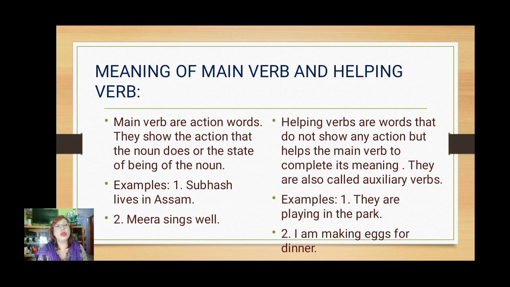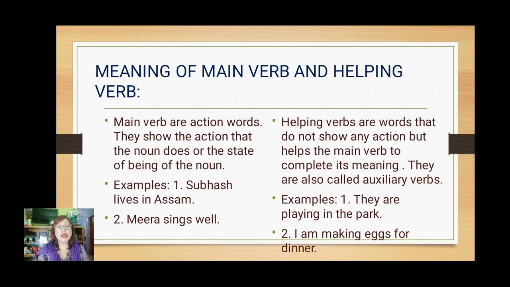The word are itself is not doing any action, but is simply helping the main verb to convey the meaning. Because of the help of the helping verb, the main verb can convey its meaning in a proper manner. It also tells us the tense of the verb, right?